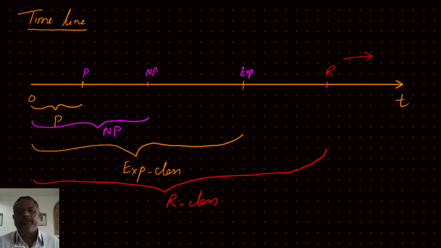So as you move away from this on the line, the problem gets harder and harder. Okay, that's something we can talk of. A polynomial type of problem is a one.